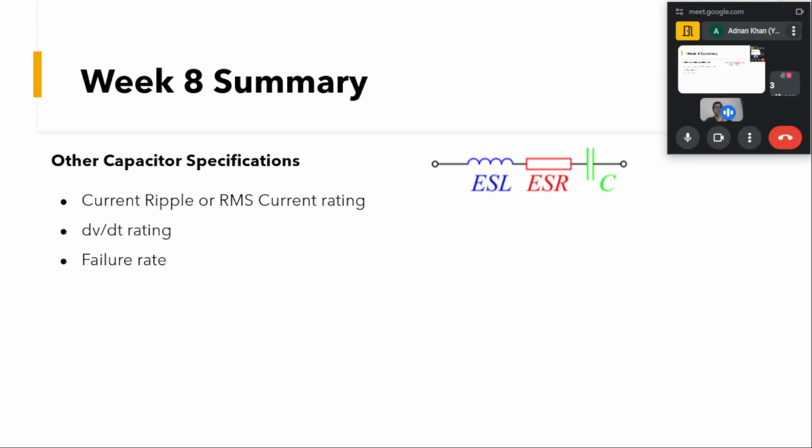But if at some point in the circuitry we have lower capacitance, we should go for the film capacitor or ceramic capacitors, because the reliability of those capacitors is higher compared to the aluminum capacitors. So we have to take these specifications into account and check them in the data sheets before choosing a capacitor for our converters.